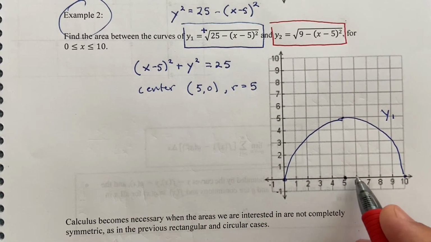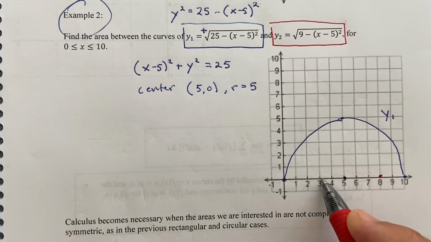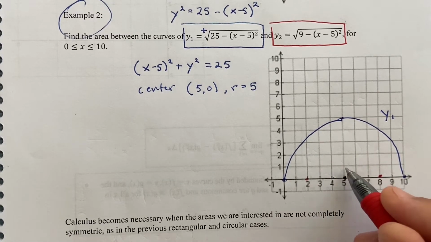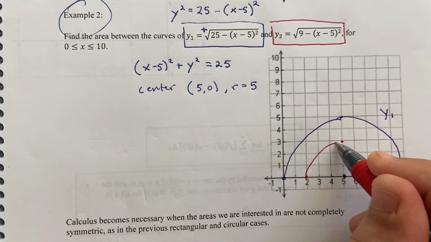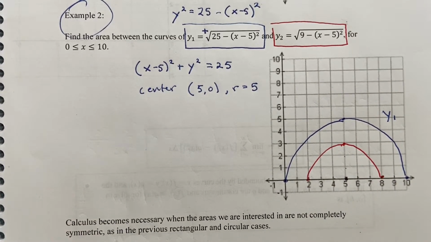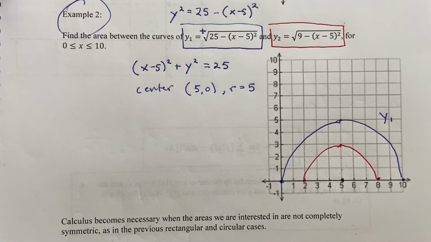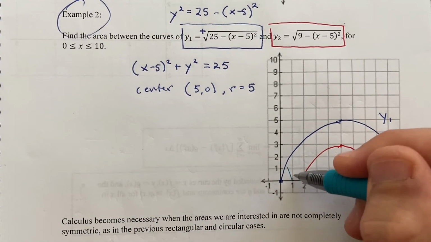So from that center I would go 1, 2, 3, and so on. This would be the upper half of this smaller semicircle. And we want to find the area between the curves, meaning this area here.